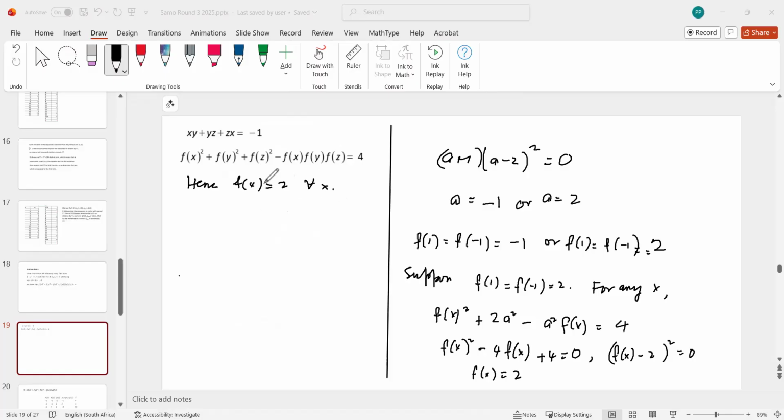We found one now. Right? If f of x is equal to 2 right throughout, you'll have 4 plus 4 plus 4 minus, that's 12, minus 2 times 2 times 2, which is minus 8, is equal to 4. So this is one of the functions which will satisfy this equation.